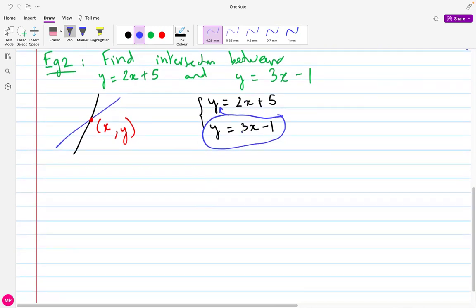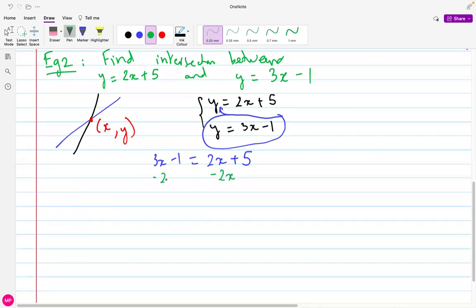Technically, we're saying that 3x minus 1 we replace in here, so we would have 3x minus 1 equals 2x plus 5. Or you can say they both equal y, so of course they equal each other. Okay. Then the opposite of 2x is minus 2x on both sides.